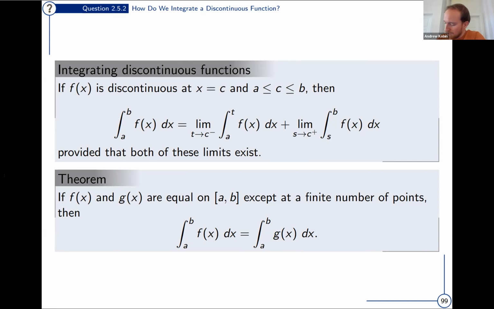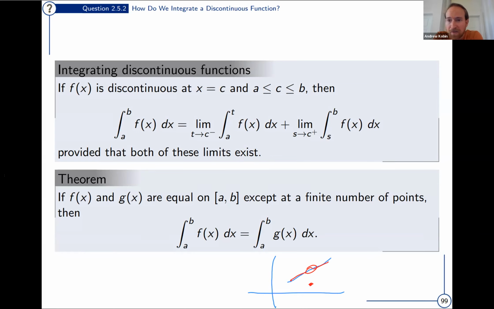For example, here's just a quick sketch of what could happen. If f looks like this, just a straight line, and g looks nearly the same, except it has a removable discontinuity, not a jump, at a single point.